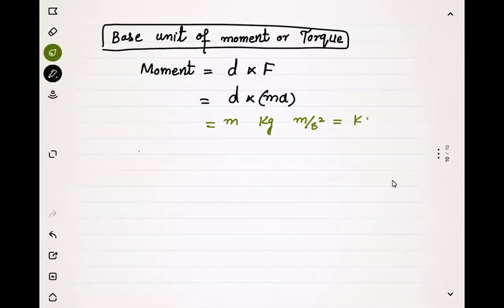So finally it would become kilogram meter square second minus 2. This is the base unit of moment.